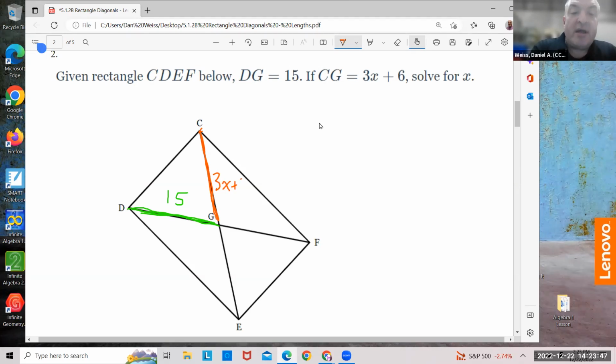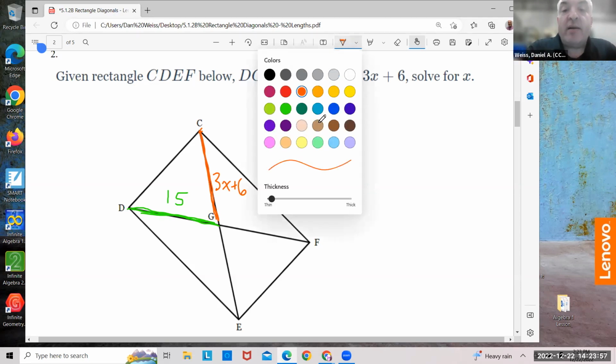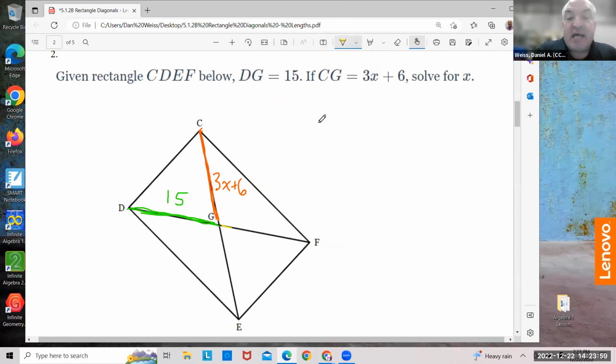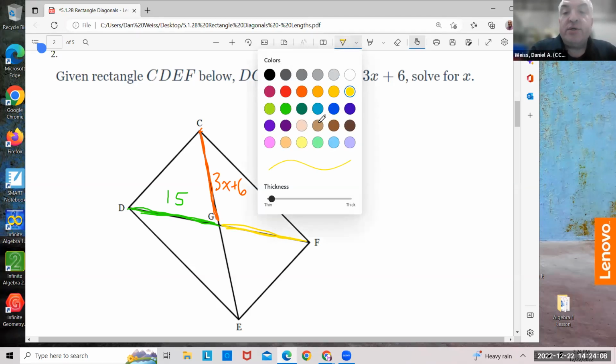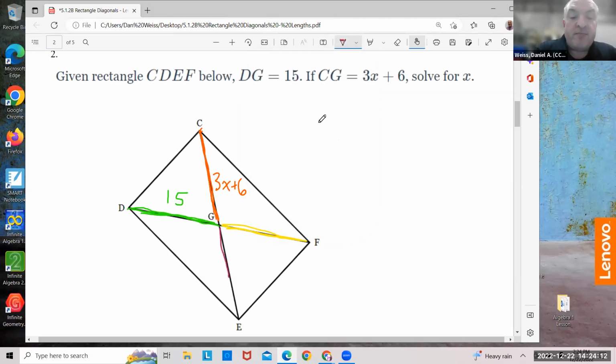Now, here's another thing about a rectangle. The green and the orange, those two guys, they're equal. And guess what? This yellow guy over here, FG, that's also equal to, let's make this guy purple, this purple guy, EG.